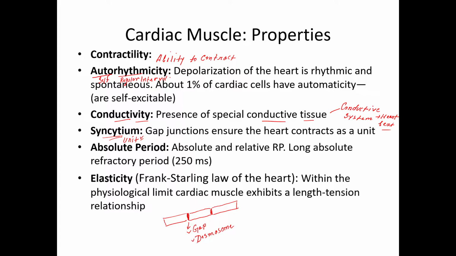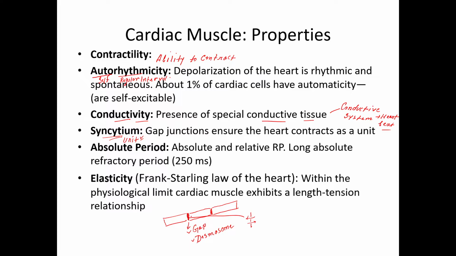Gap junctions, if you see here, in gap junctions, there are channels or pores. So what happens? The ions can quickly move from one fiber to another.